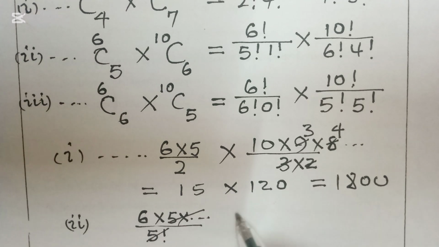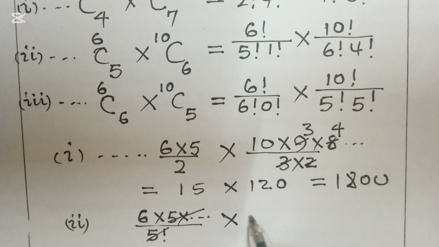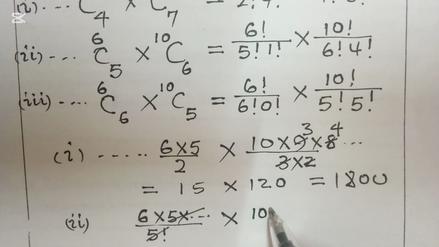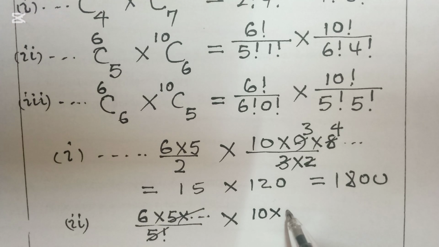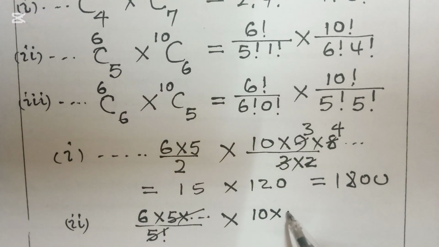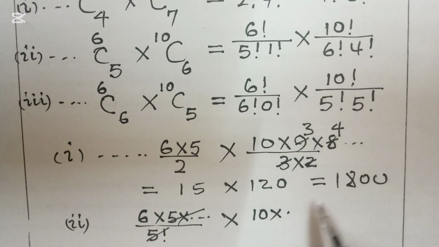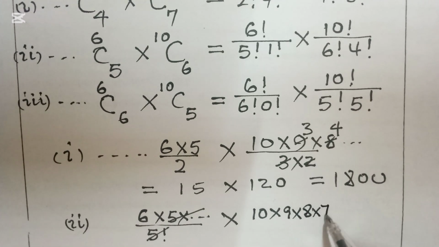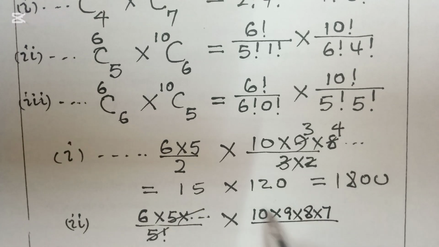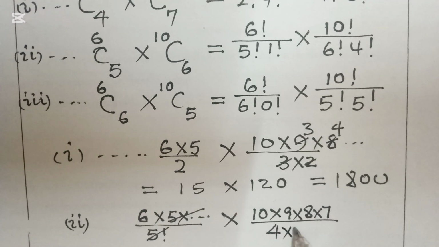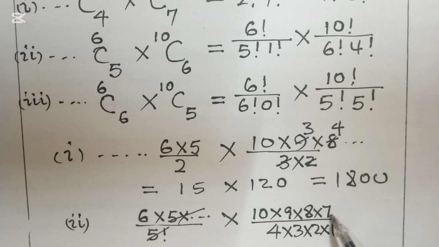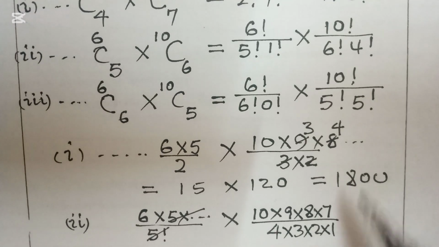This is now going to give us 6 times 10 times 9 times 8 times 7, all over 4 times 3 times 2 times 1. The 6 is going to be cancelled because we have not written up to 1. And so therefore we do this.